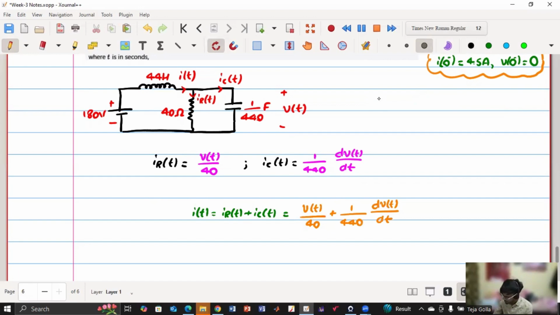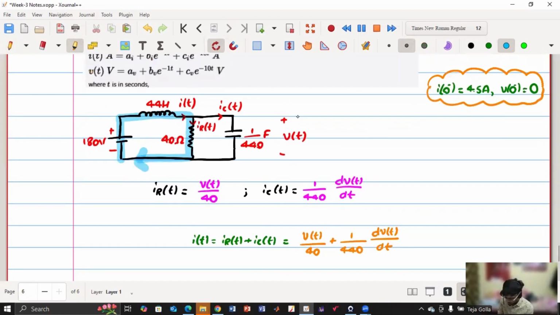Now I will apply KVL in this loop, in this direction. Let this voltage be VL of t, and the voltage across the resistor is V of t.